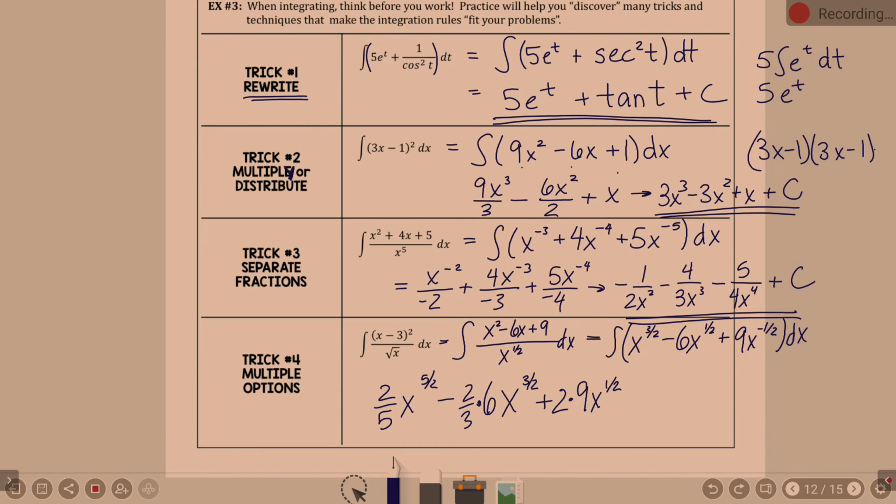And then at this point, it's cleanup if you've got all that. Okay, 2/5 x to the 5 halves minus 4x to the 3 halves plus 18x to the 1/2 plus c. Fun stuff, right?